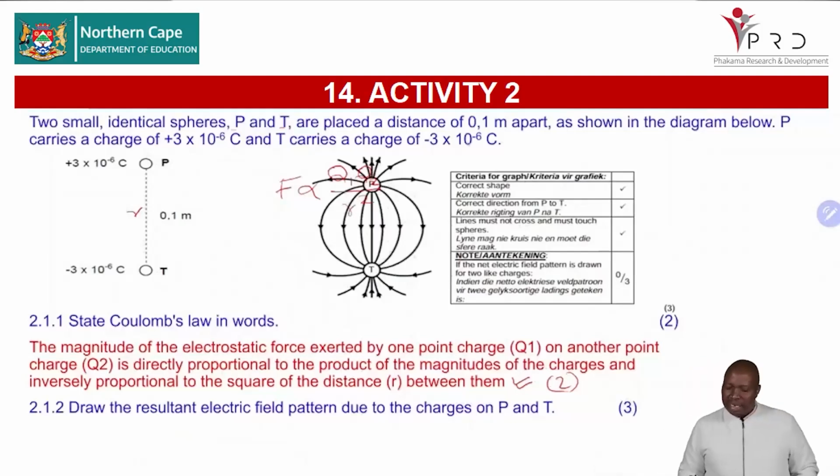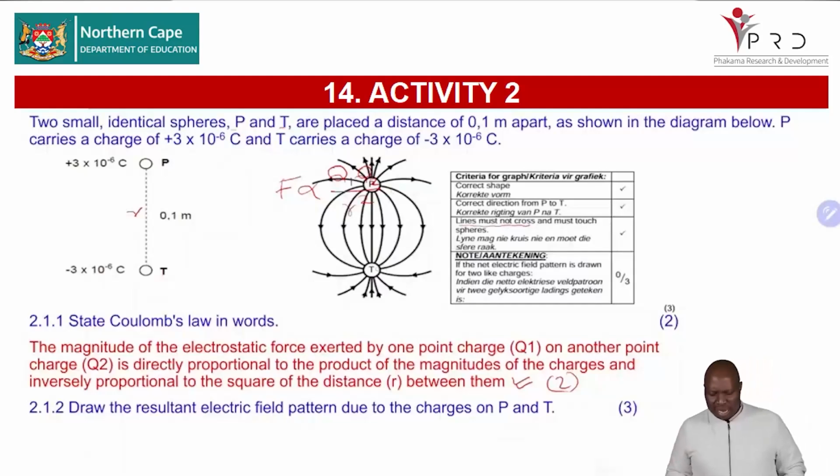The third mark is that the lines must not cross. Please, we are emphasizing that the lines must not cross and must touch the spheres. The line starts from P and ends at T. They must touch the spheres, but they don't go inside the spheres.